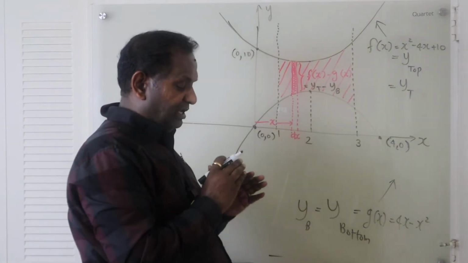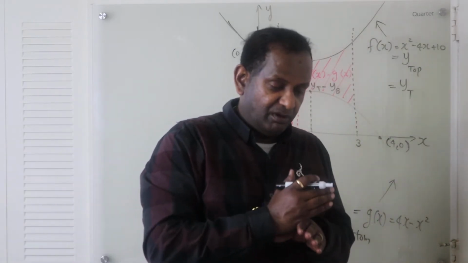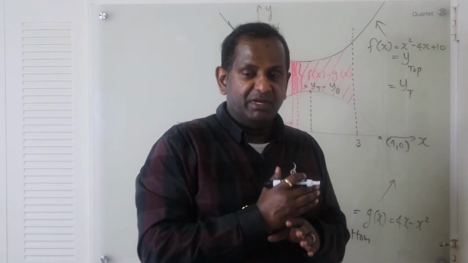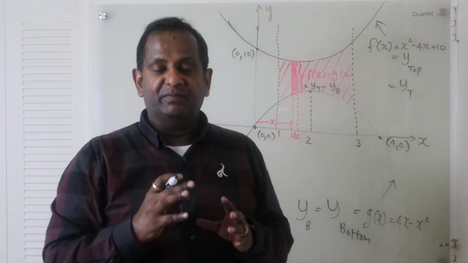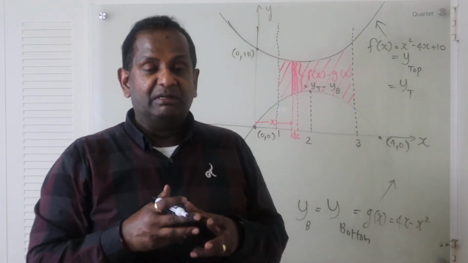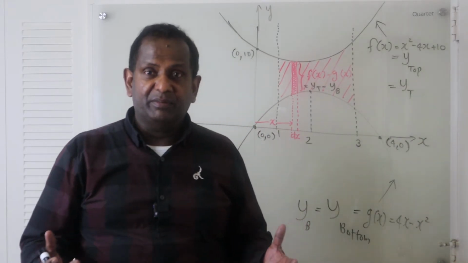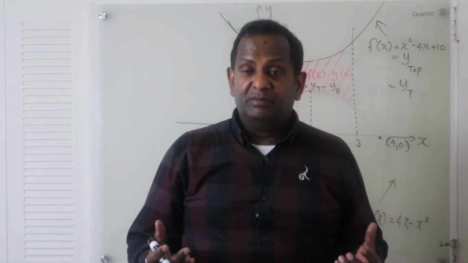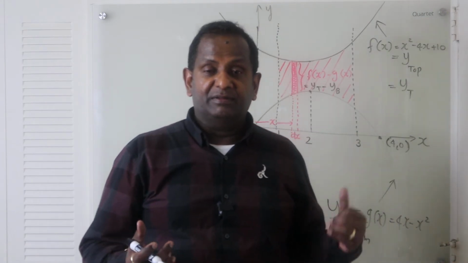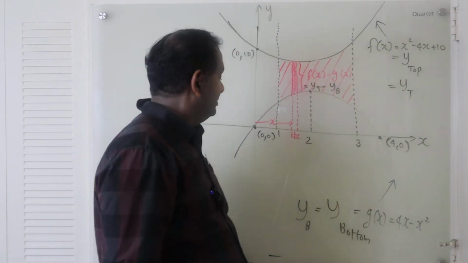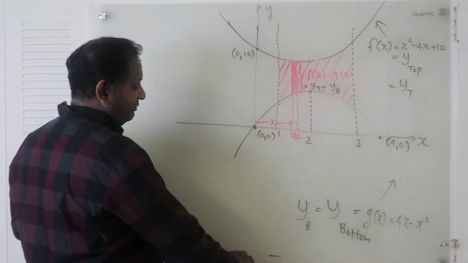The stacking of all these infinitely many rectangular vertical strips will be taken care of mathematically by the integral. That's the beauty of math, and this is one example. So beautiful. Let's write this very clearly.